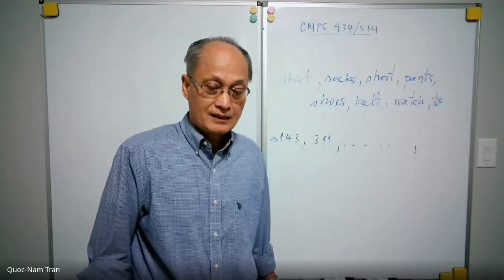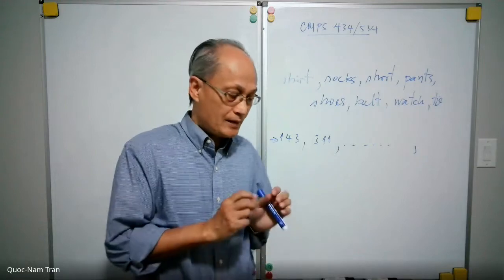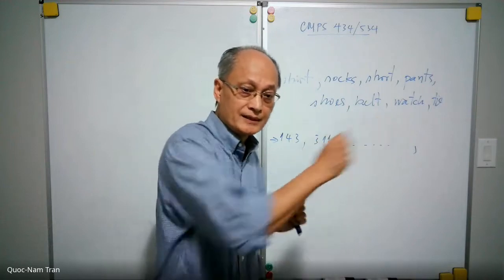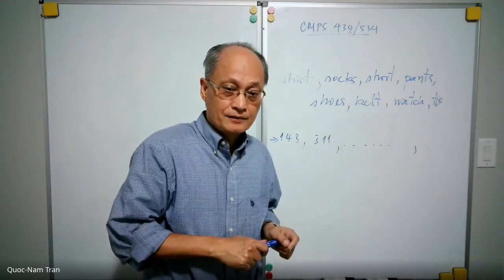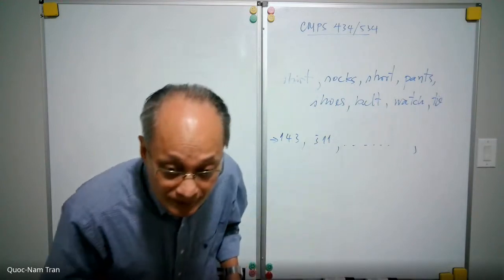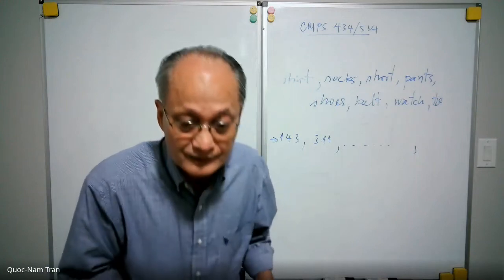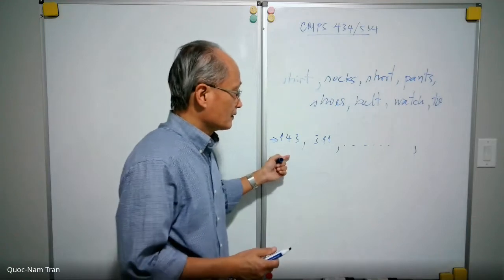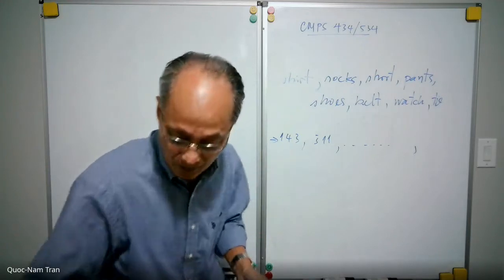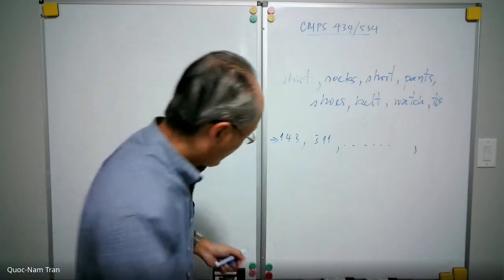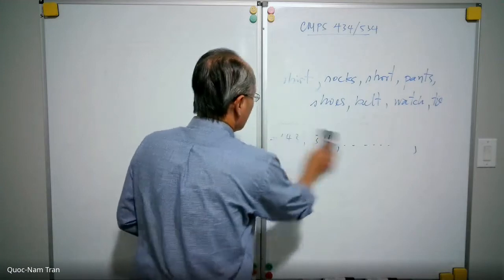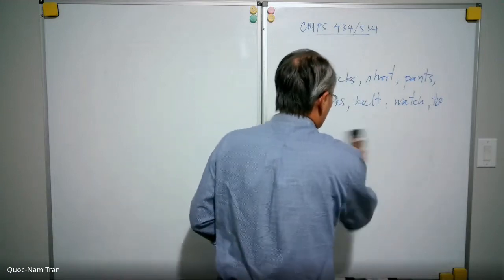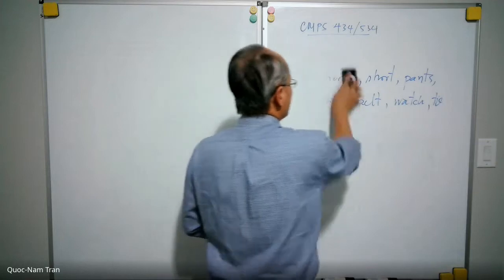Exhaustive search means that we have to check all possibilities, right? So for example, in this case, here is one simple example. Let me use this so we can illustrate the idea.